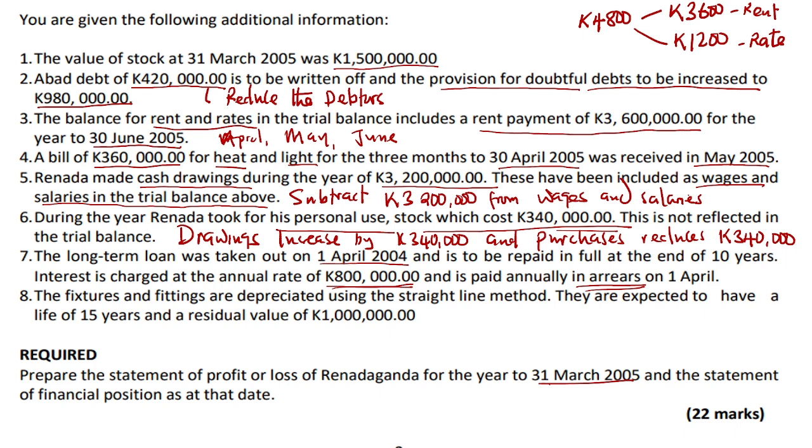It's clear. So we have April there, we have May, and we have June. Meaning it was for how many months? For 3 months, right? Yes. So we had paid in advance for 3 months.